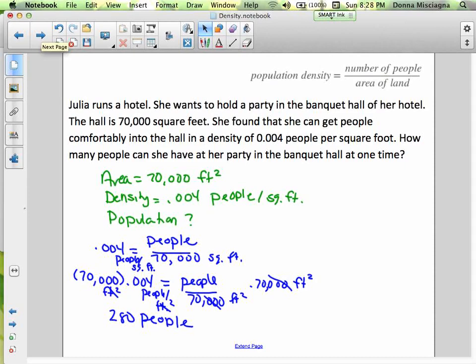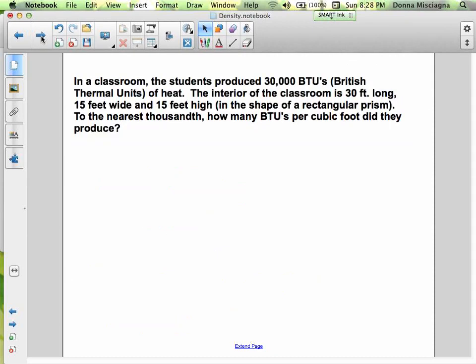We're going to do one last problem, and it's a problem that they love to put on the formatives and benchmarks. In a classroom, the students produced 30,000 BTUs, British thermal units, of heat. Now, unlike students, who are on the ground, the heat is everywhere.